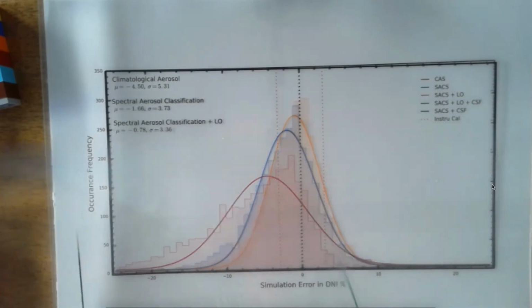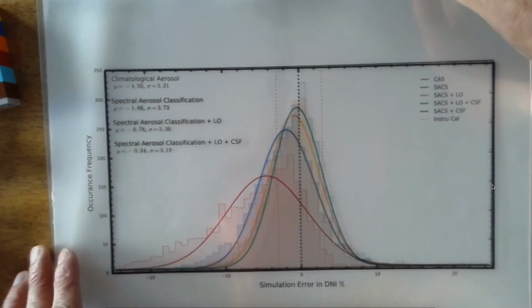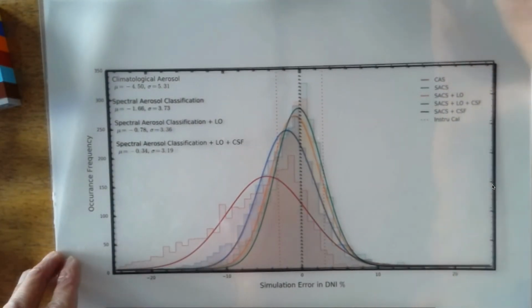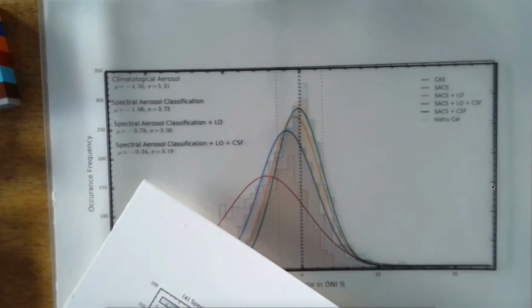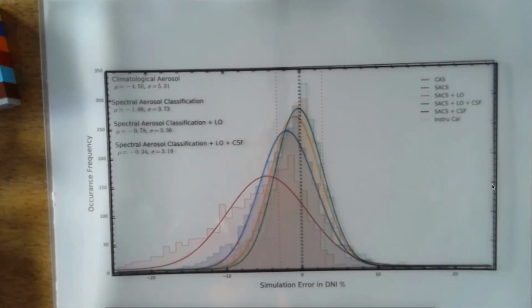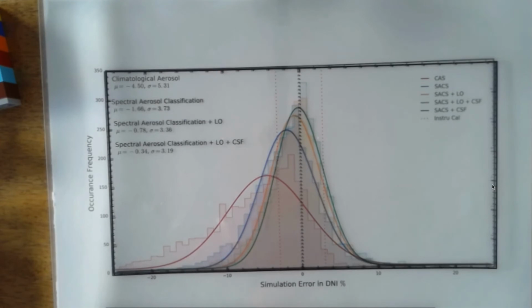And lastly, we're talking about the circumsolar factor, and this is the last thing that we added to our estimation scheme. The ultimate number we got for Santiago is 0.34% with a standard deviation of 3%. So that's pretty good. The bias is almost negated, and the spread of the distribution is quite close to the uncertainty of the instrument.